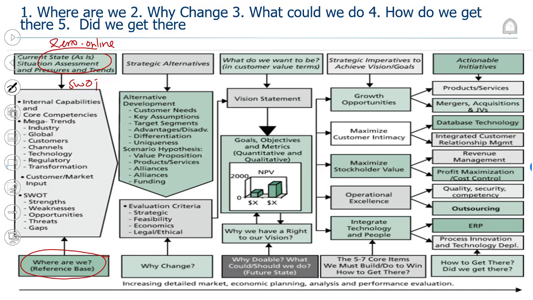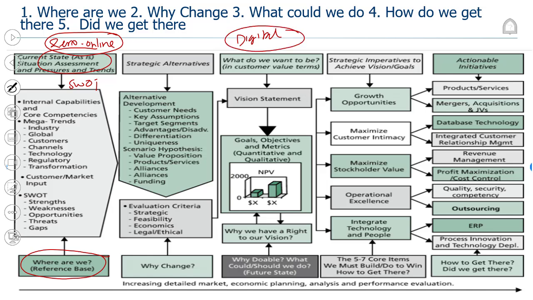Zero, okay? Then let's say where we want to be, where is to be? We want to go digital. So we are here where we don't have anything, and we want to go here.